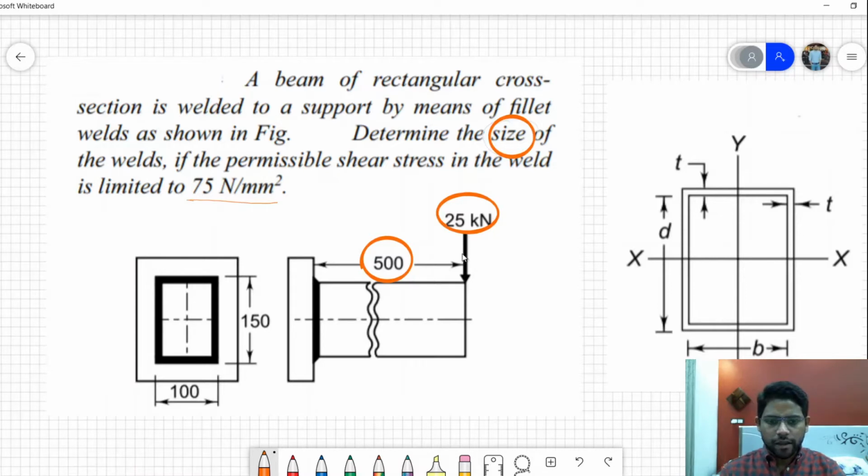That's why when you bring this load to the center of gravity of the welds, there will be a bending moment induced, and this bending moment will in turn induce bending stresses inside the weld.